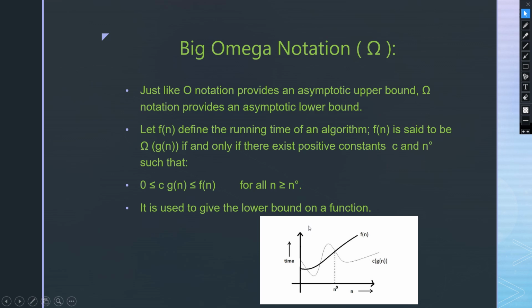So in big omega, f of n is greater than or equal to g of n, until this condition arrives.